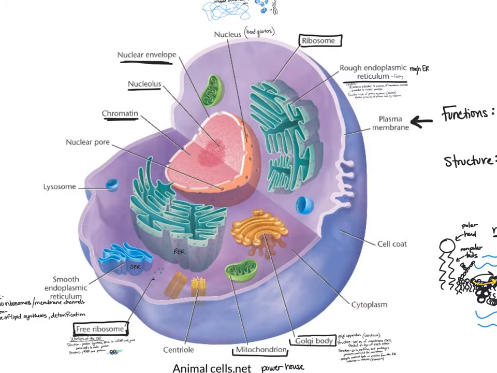So our RNA leaves the nucleus, and our mRNA specifically goes to a ribosome, let's say on the rough endoplasmic reticulum. And then on the rough endoplasmic reticulum, we make these specific proteins. They go through these channels on the rough ER. Then they leave the rough ER via vesicles and then go to the Golgi apparatus for further modification and sorting.